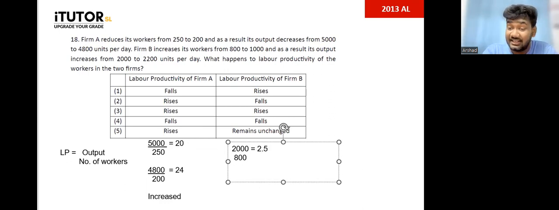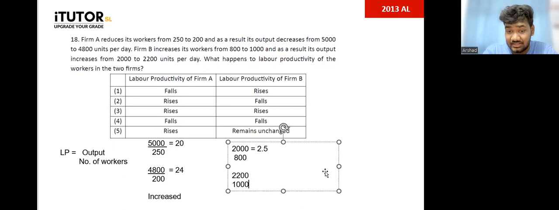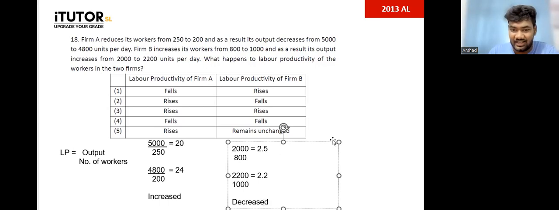Then later, they have increased their labor to 1,000 and they are producing 2,200 units. So 2,200 divided by 1,000, what is their labor productivity now? Now their labor productivity is only 2.2. So one person is producing only 2.2 units. So what happened to their labor productivity, guys? Firm B, it decreased.